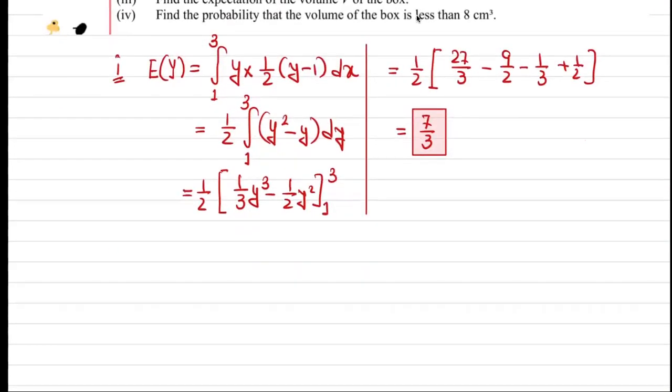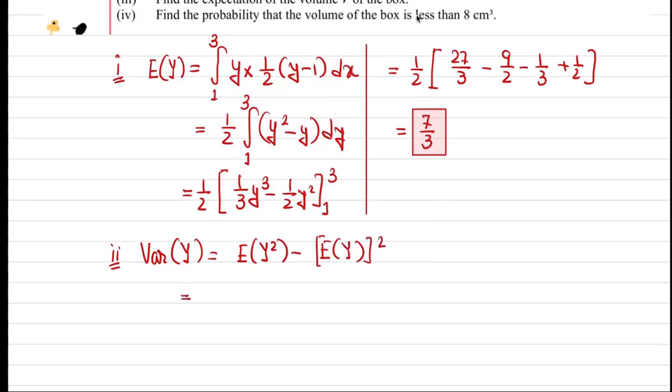Now, if I move to the variance of y, we know that variance of y is actually E of y squared minus E of y whole squared.